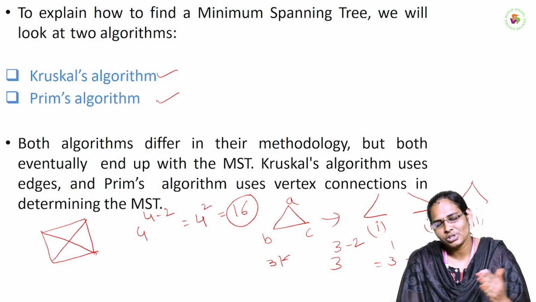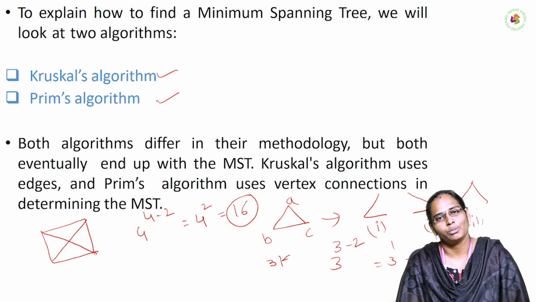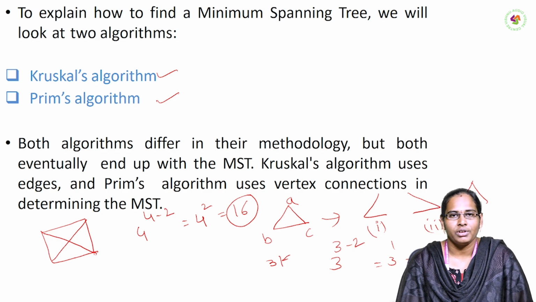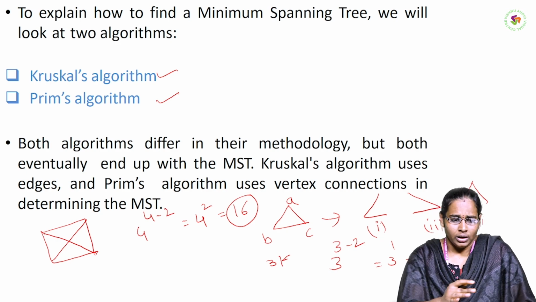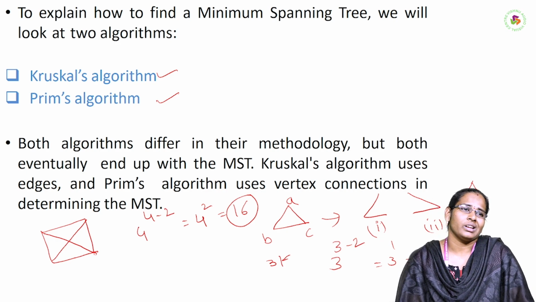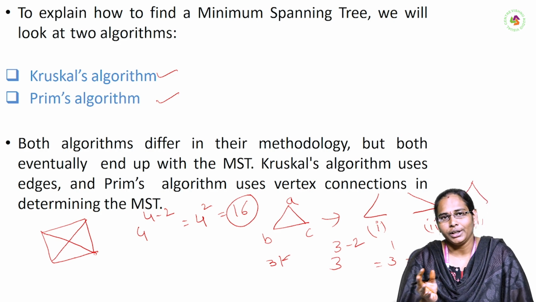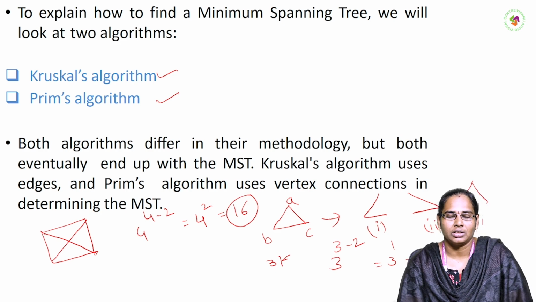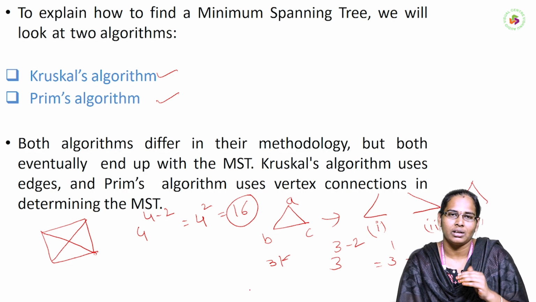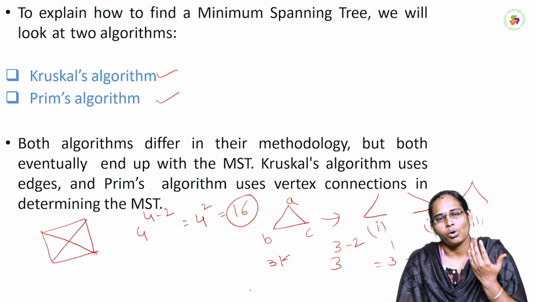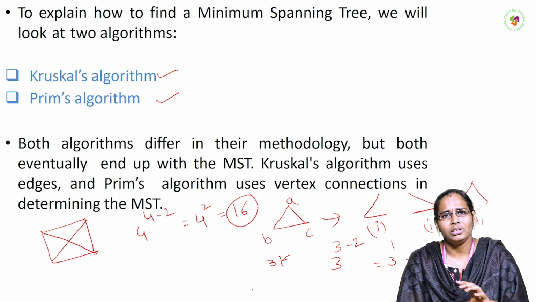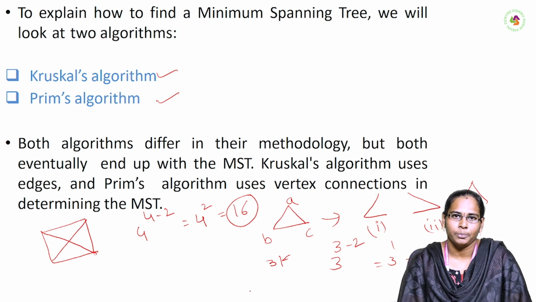The procedures of these 2 algorithms are somewhat different, but the result is the same. The resultant spanning tree is the same, the resultant cost of the spanning tree is the same, but the procedure is different.